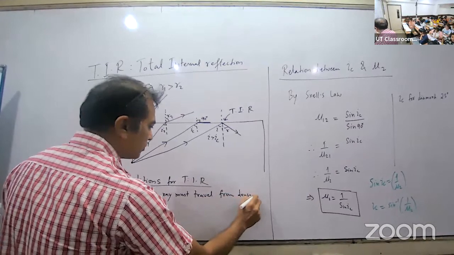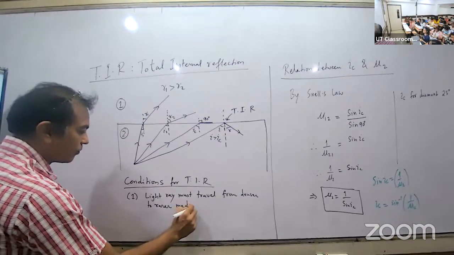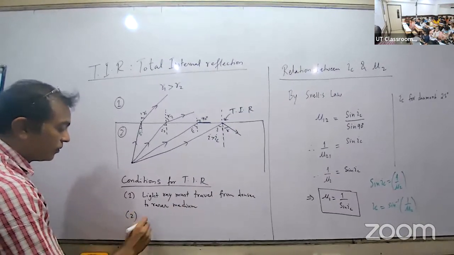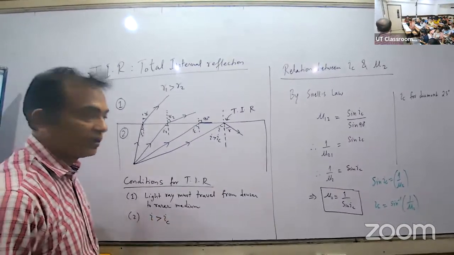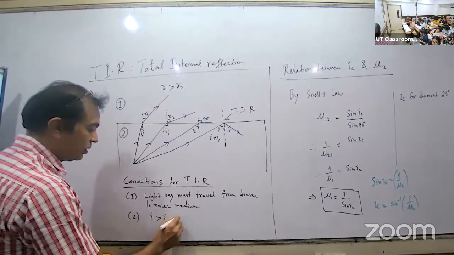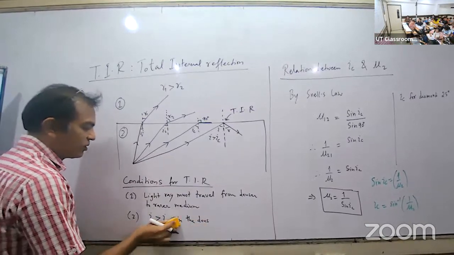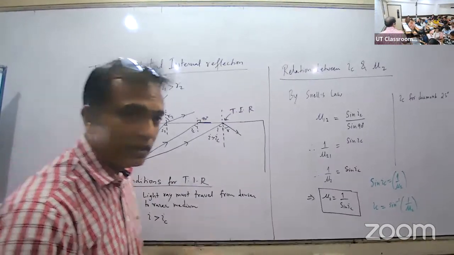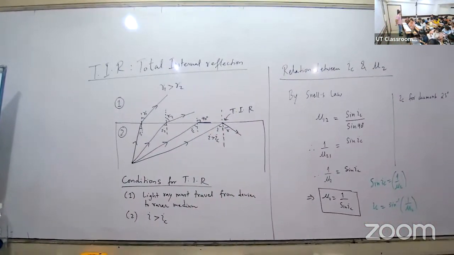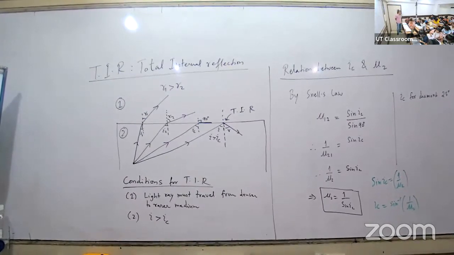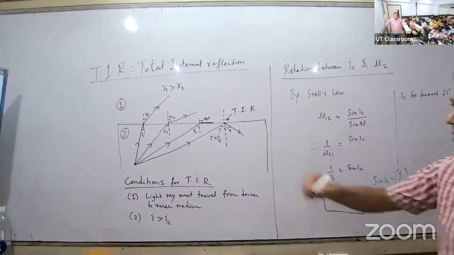Two, the angle of incidence should be greater than the critical angle. In the denser way is not required, because when you say critical angle, it means it is in the denser medium. You can't have a critical angle in here. That's about total internal reflection.